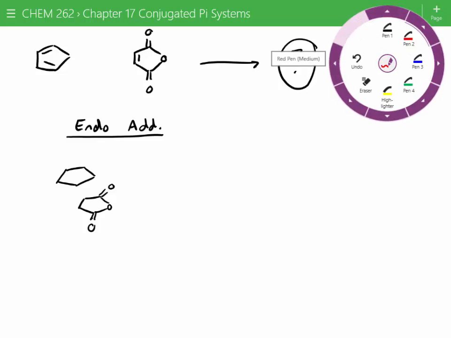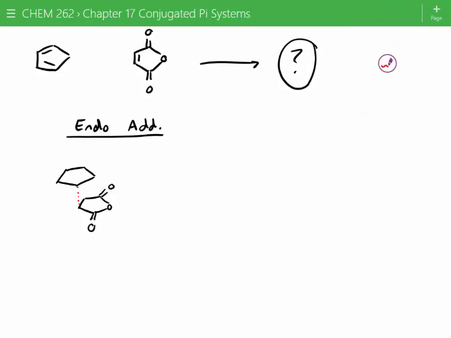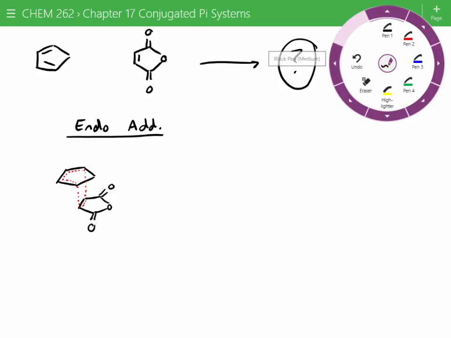And what we're going to do is we're going to connect our positions again. So we've got a sigma bond forming there, right? Then a sigma bond forming over here. We broke this pi bond. We broke this pi bond. We broke that pi bond. And we broke that pi bond. So can you guys kind of see that transition state?